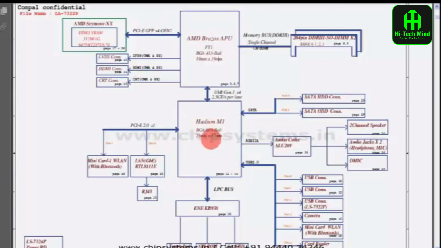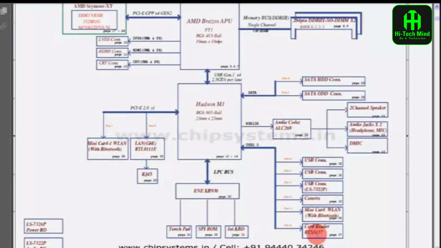In the South Bridge, other peripherals like SATA HDD, SATA ODD, which means optical disk drive, audio codec, USB, mini card, web camera, card reader, LAN Ethernet. This is ENE KB, a keyboard controller. It is connected to the touchpad, SPI ROM, that means read-only memory, and the internal keyboard.